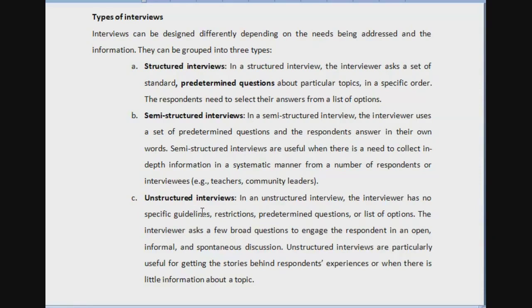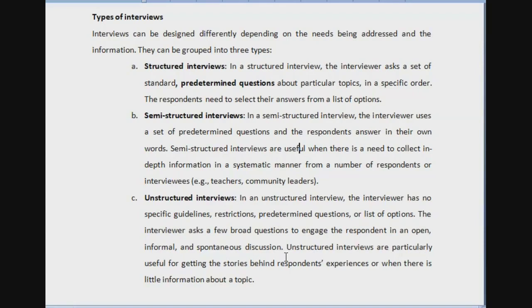And the last one is unstructured interview. Here the interviewer has no specific guidelines, restrictions, predetermined questions or list of options. What I will do is ask a few broad questions to engage the respondent in an open, informal and spontaneous discussion. That means I will have some rough idea. It's not that I will go blank.